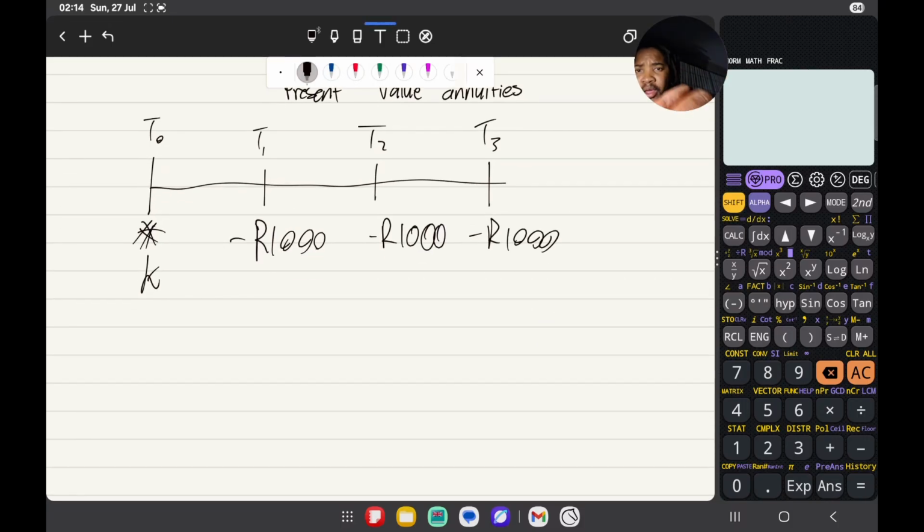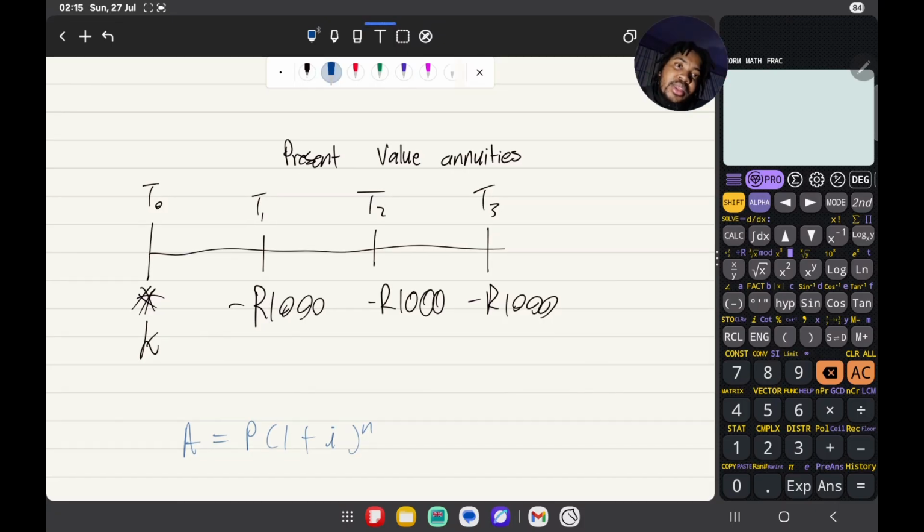So I would go with these colors like this. For this one, you have A equals P into 1 plus i, right? Say, for example, the interest rate is 10%: the account at which I would be depositing this cash offers an interest rate of 10%.